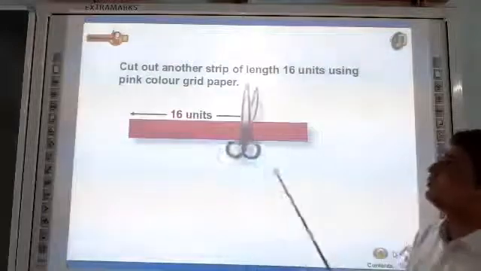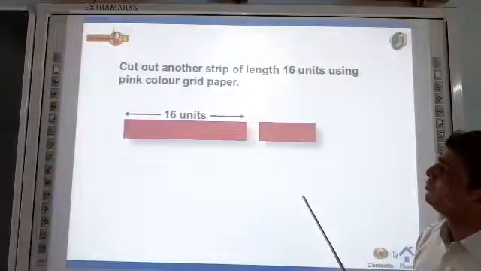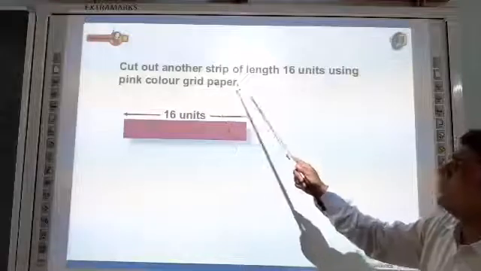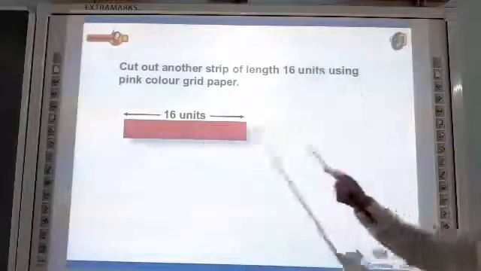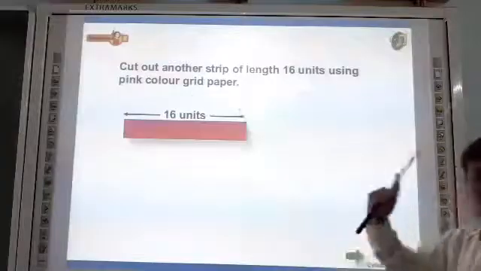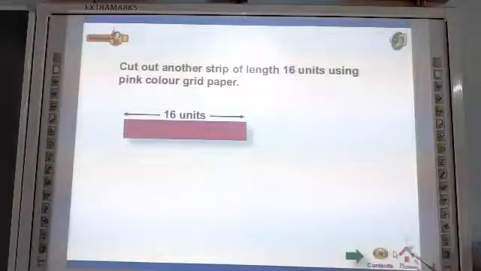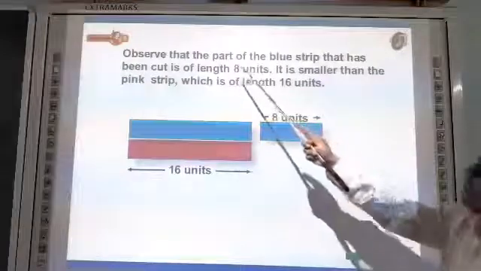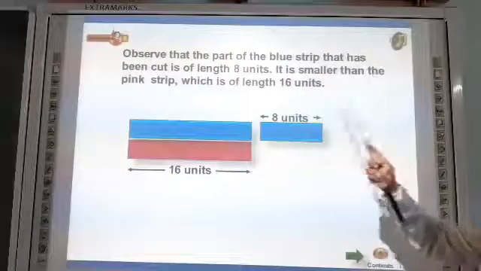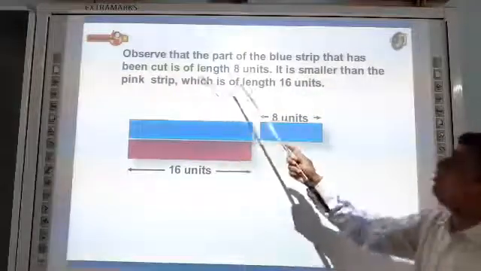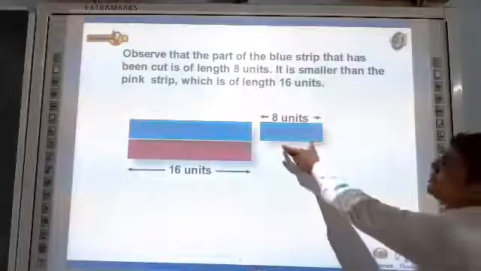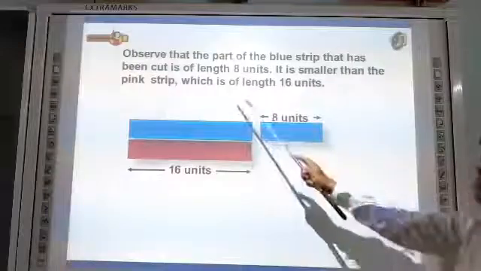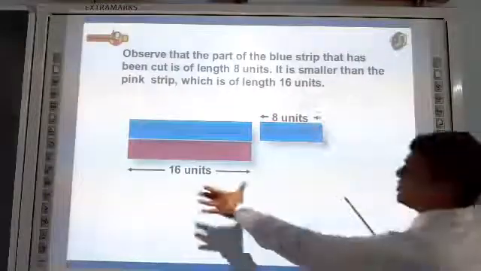Look here. Cut out another strip of length 16 units using pink color grid paper. Observe that the part of the blue strip that has been cut is of length 8 units. It is smaller than the pink strip, which is of length 16 units.